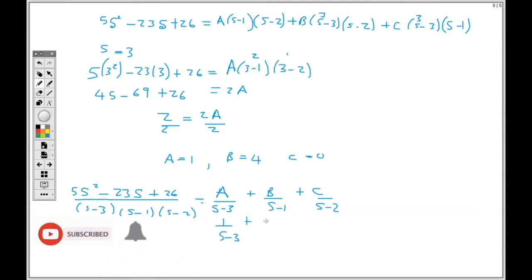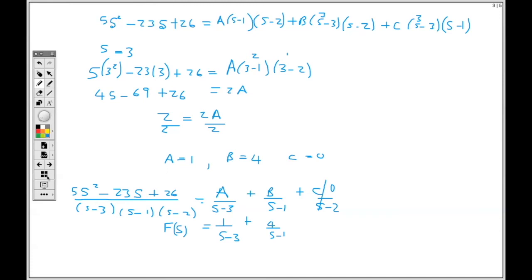My b is 4, so I have 4 over s minus 1. And since c is 0, we don't have to rewrite this because that will be eliminated. So this is what we have, and this fraction is equal to capital F of s.